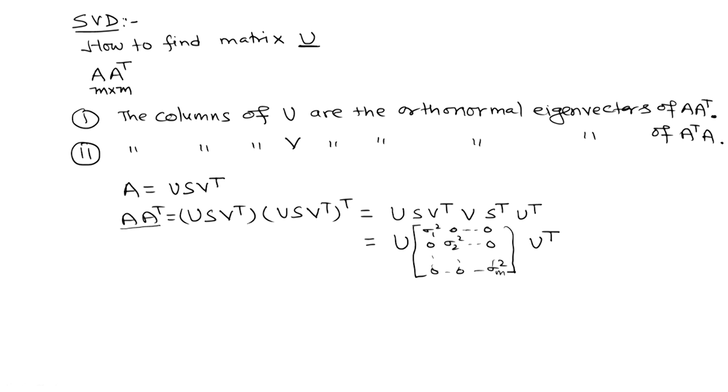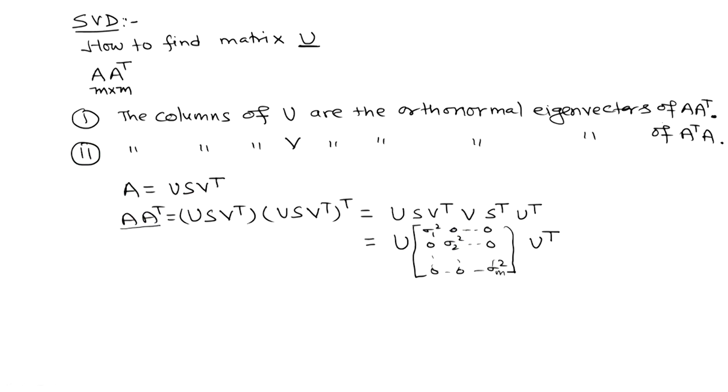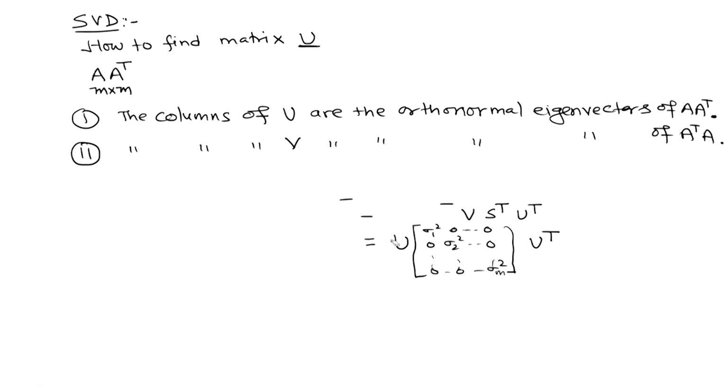Hence, it is a diagonalization of A into A transpose, where the eigenvectors are the columns of matrix U, and hence the columns of U are the orthonormal eigenvectors of A into A transpose. The similar kind of analysis we can do for the columns of V. Those are the orthonormal eigenvectors of A transpose into A.